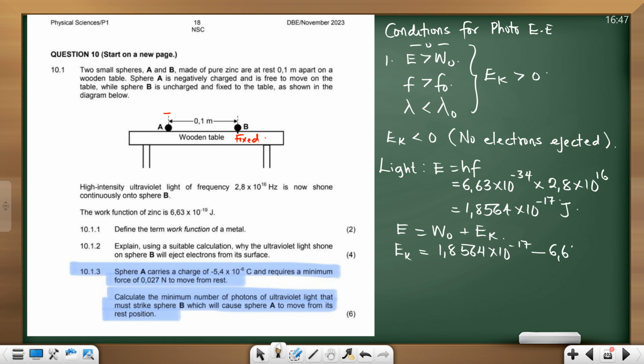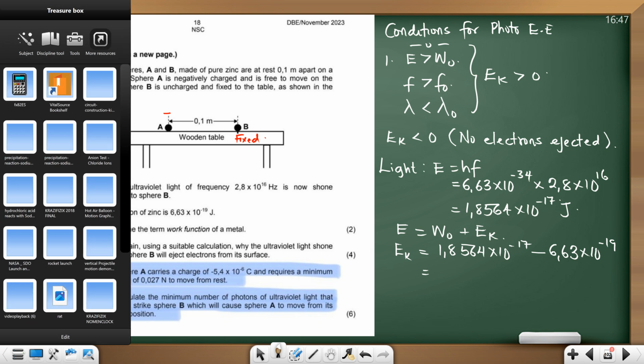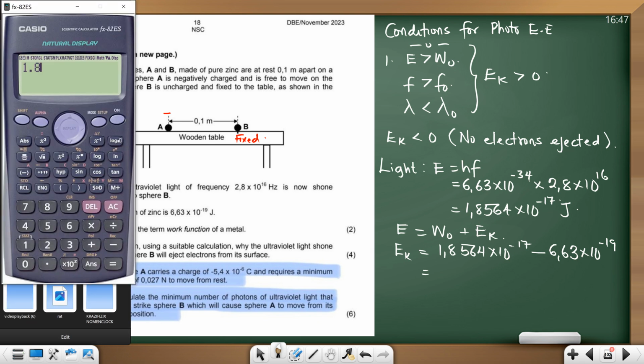If the exponents are just playing games with you, use a calculator, don't stress. 1,8564 times 10 to the power negative 17 minus 6,63 times 10 to the power negative 19. All right, my answer is positive, which shows that electrons are ejected.